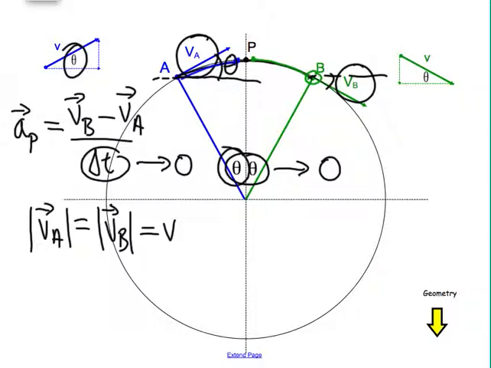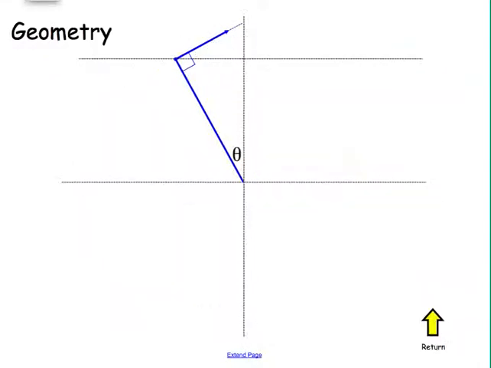But let's prove that. I'm going to look at just the simplified geometry. All I have here is the radius vector that goes from the center of the circle out to point A, and this is the velocity vector. The angle we want to find is this angle, which I will simply call phi, using the Greek letter.